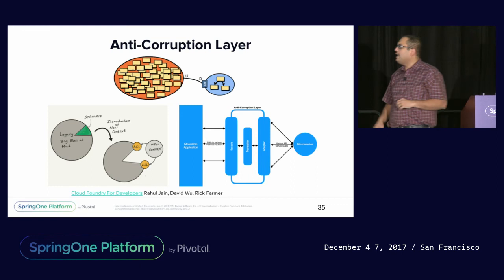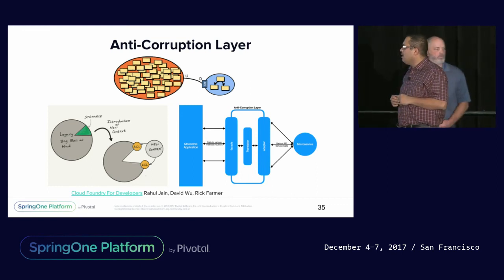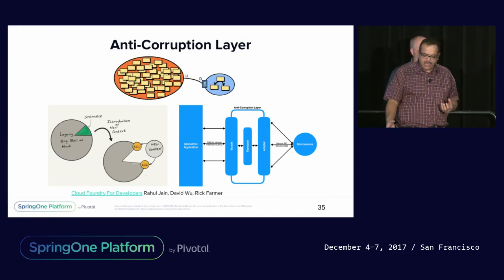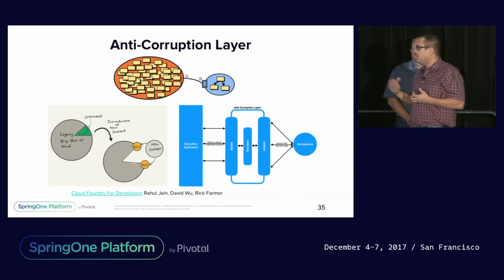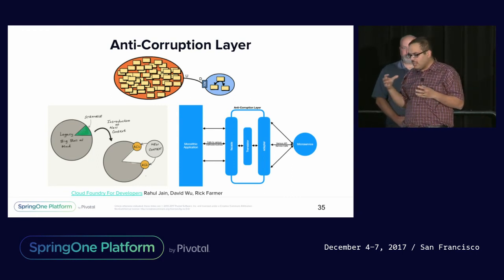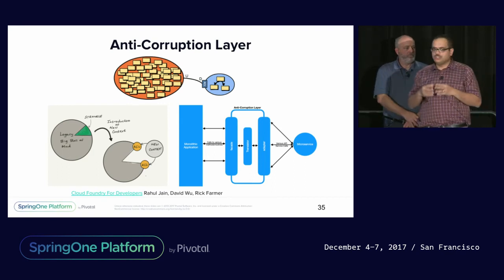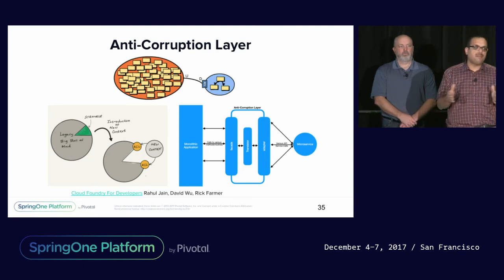Anti-corruption layer. Like I explained earlier, these anti-corruption layers are essentially translators that translate from an existing monolith to a newer bounded context. An anti-corruption layer is usually not alone. It also has a translator, a facade, and an adapter around it.